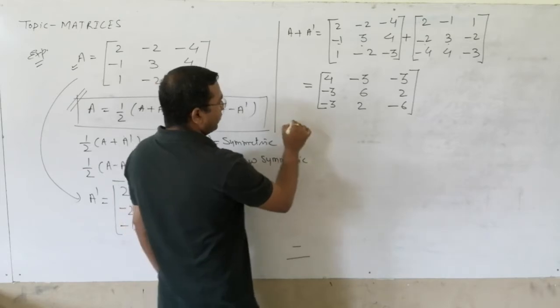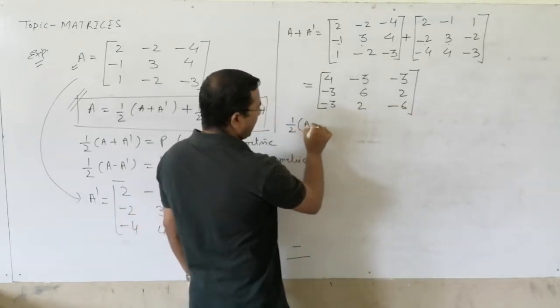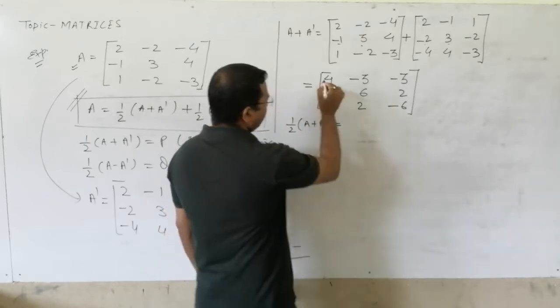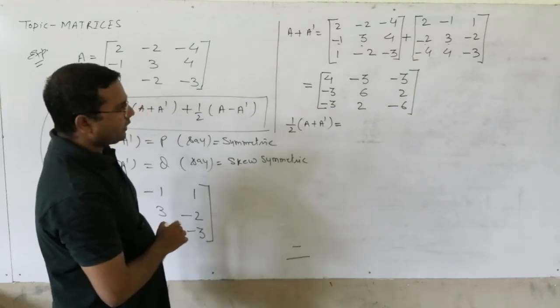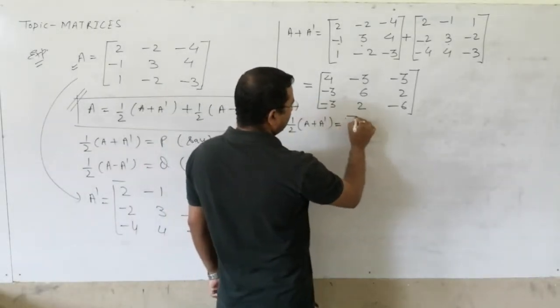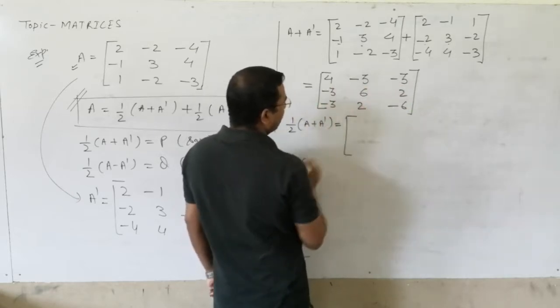If you want the value of 1 upon 2 (A plus A transpose), then you need to divide each element by 2. So each element I am dividing by 2 now.